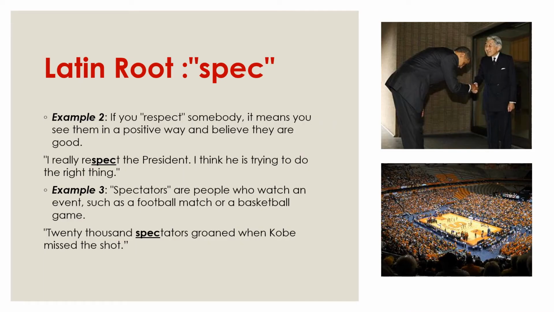In examples 2 and 3, we see the words respect and spectators, respectively. Respect means to see someone in a positive light, and spectators are observers or people that are watching something, which both take us back to the meaning of the Latin root spec, which is to see.